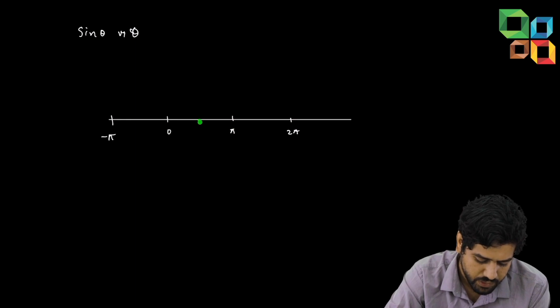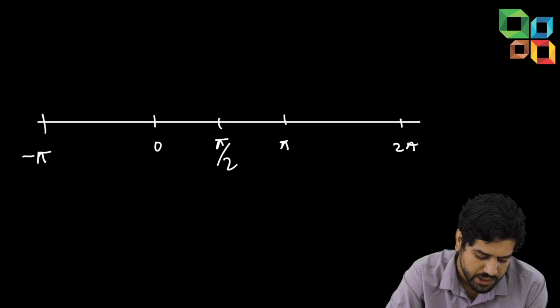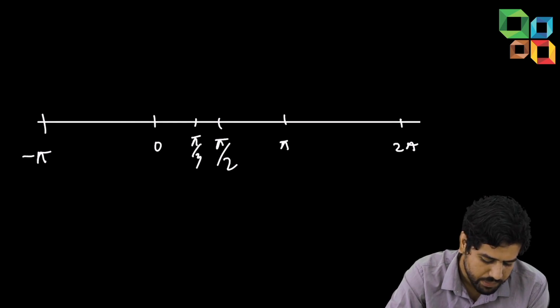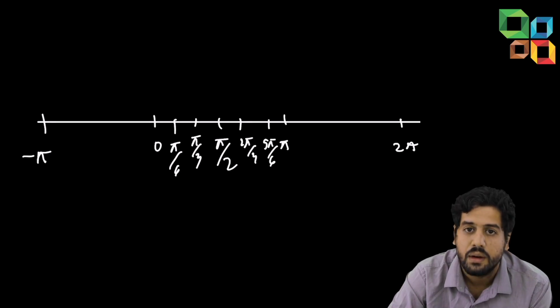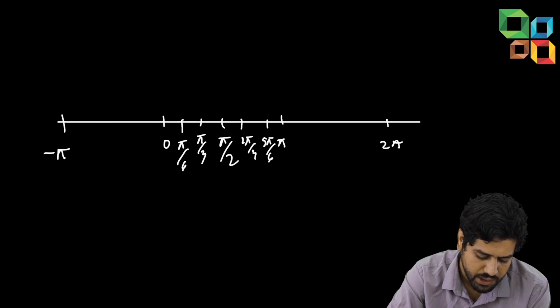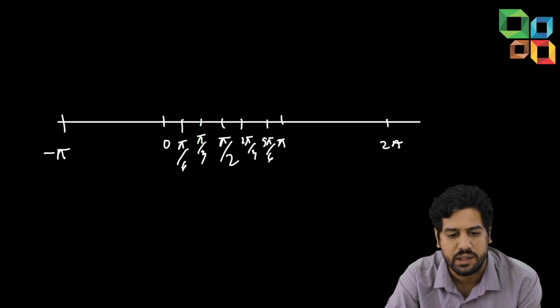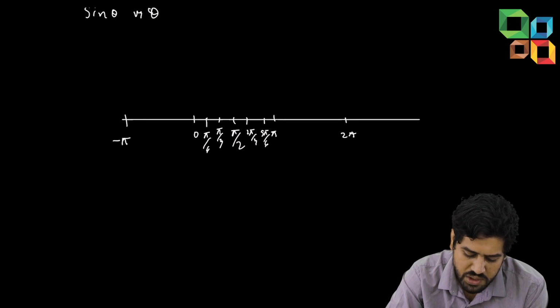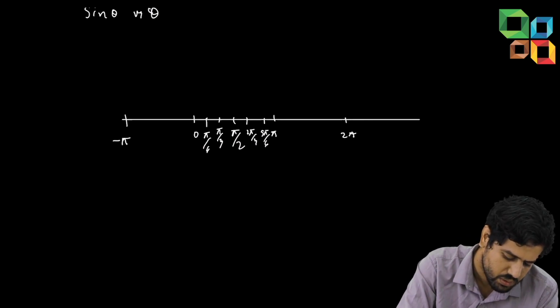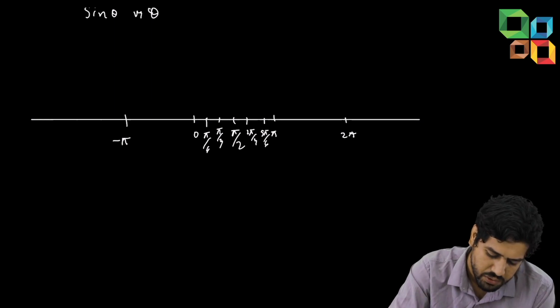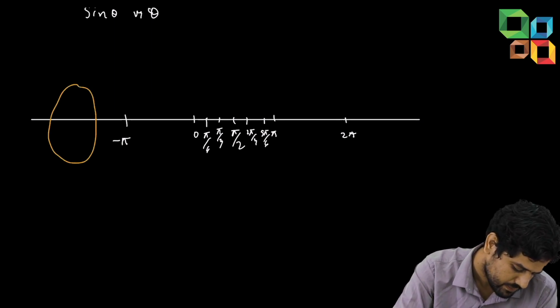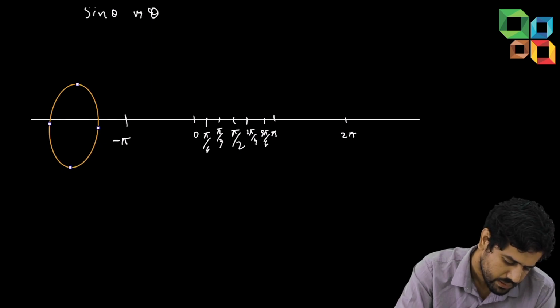Okay. And then you first try and plot the x coordinates pi by 2, pi by 3, pi by 6, then 2 pi by 3, 5 pi by 6, etc. Okay, so you have to roughly calculate these values and see where they lie on the x-axis. Once you get that, you extend your unit line and draw a unit circle here itself.